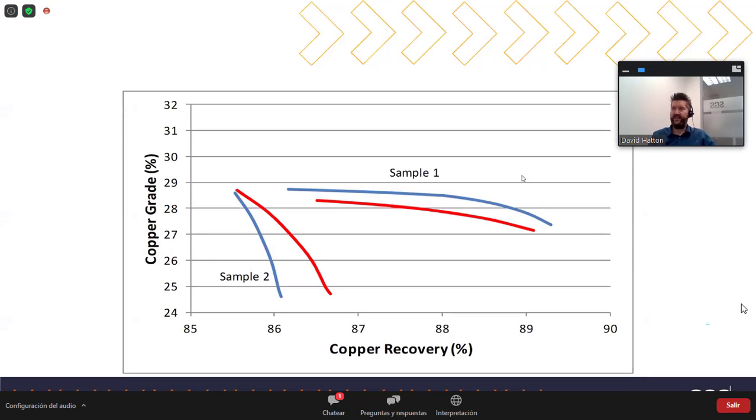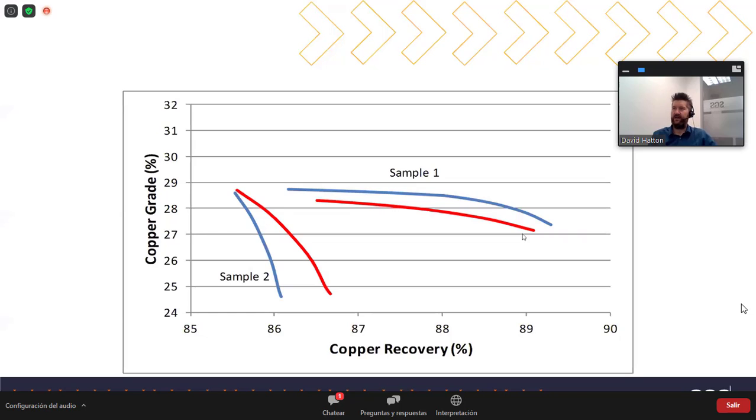To add to that complexity, we may end up getting a different optimum for different samples. So sample 1 over here, the blue flow sheet seems to do better, whereas sample 2, the blue flow sheet is doing worse. And again, we've got to figure out a way of combining everything so that we get the optimal result and the best selection of flow sheet for your particular ore.